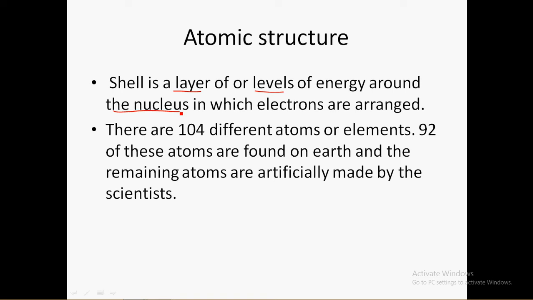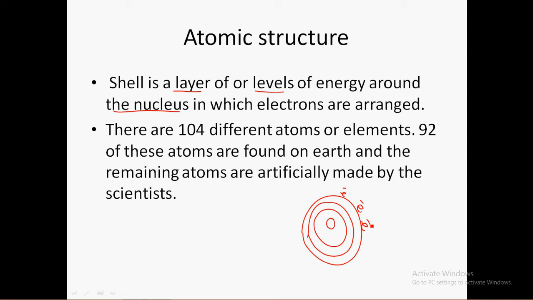So for example, this is the nucleus of an element. These rings around the nucleus are called shells or orbitals. The electrons are found on the shells.